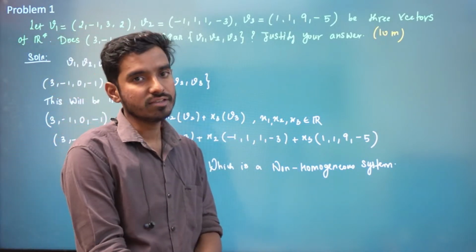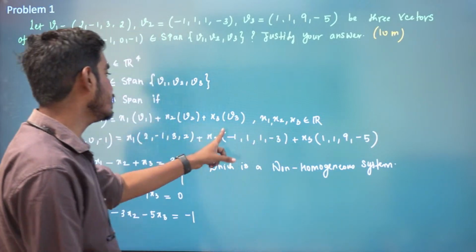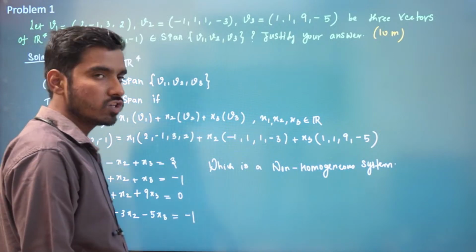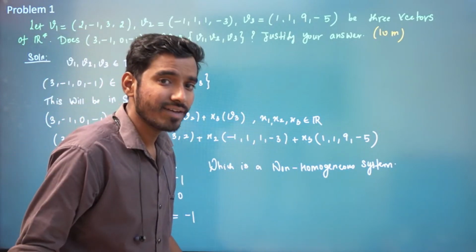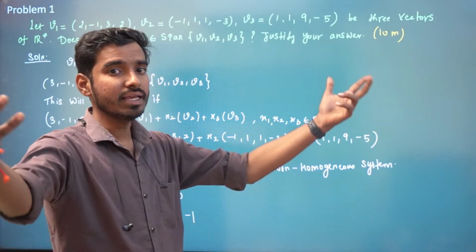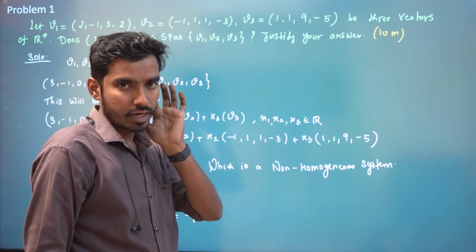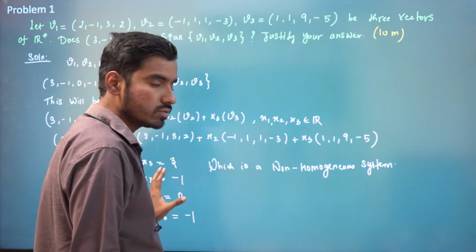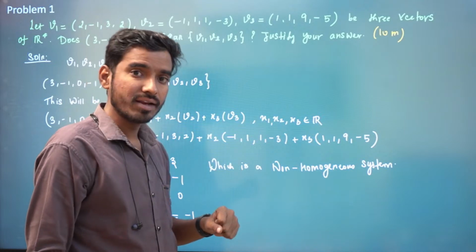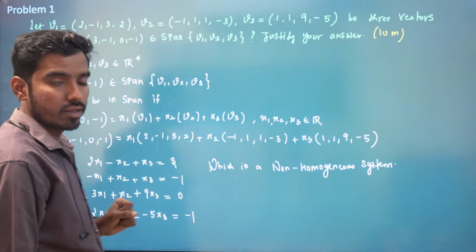If there exists a unique solution, no problem: we can find x1, x2, x3 that make this linear combination equal to (3, -1, 0, -1). If there exist infinitely many solutions, also no problem: then there are many x1, x2, x3 that make this linear combination equal to this vector.